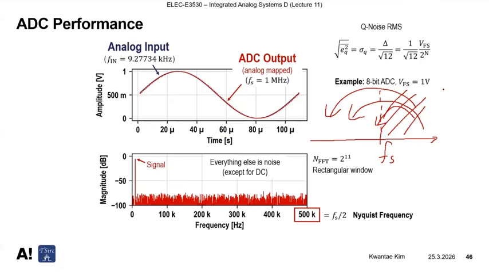So we can simply plot the FFT up to the Nyquist frequency, Fs over 2. Even if you plot 600 kilohertz or 700 kilohertz, it will not make much sense, because it will just be mirrored images around 500K as the middle point.